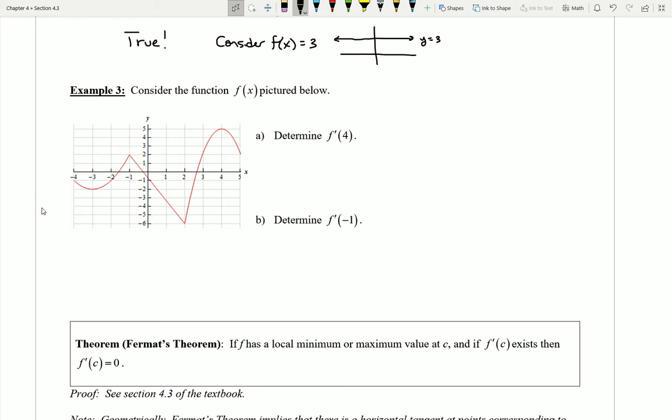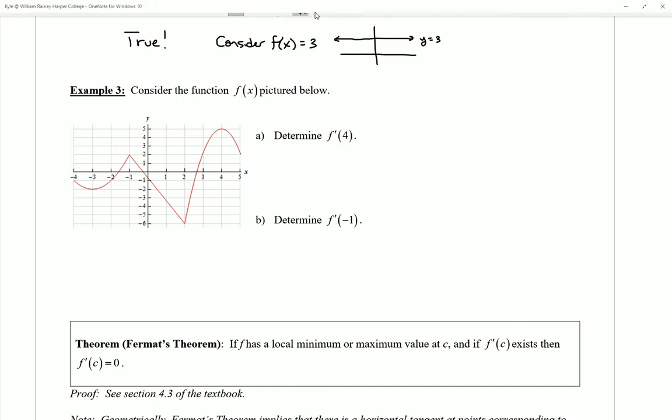Now here we're going to take a look at this function f of x we already looked at in this section, and we want to determine something very specific related to the derivative of this function at specific points. So let's take a look here at part A together. I'm interested in the derivative of my function f at the value of 4. So remember, when we hear the word derivative, what we have to think immediately is slope of a tangent line.